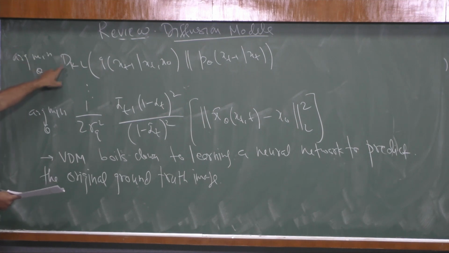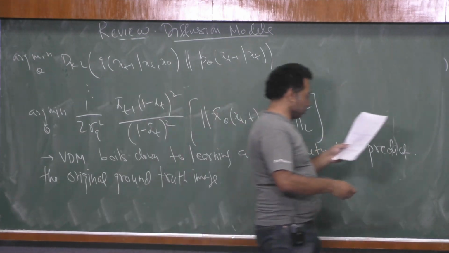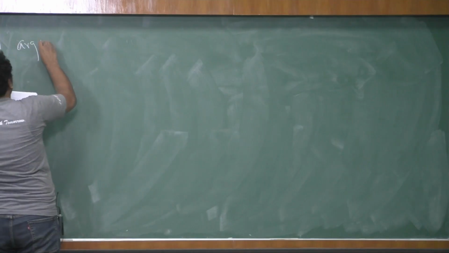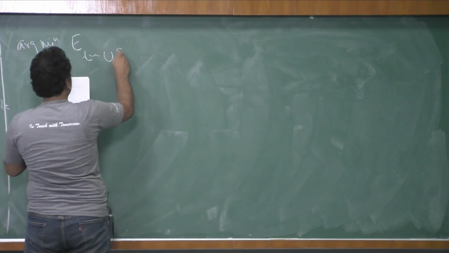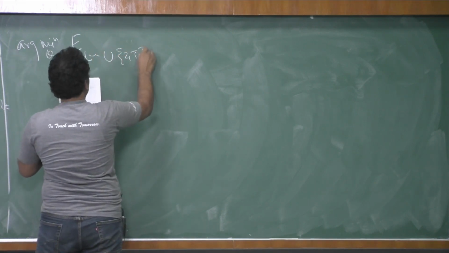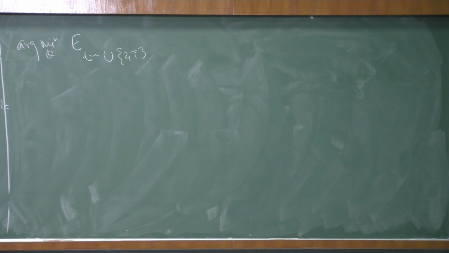There was a sum, and then we can change this to something like argmin theta expectation of t. Let us say this sum was from 2 to T. So let us say this choice of t is uniform.